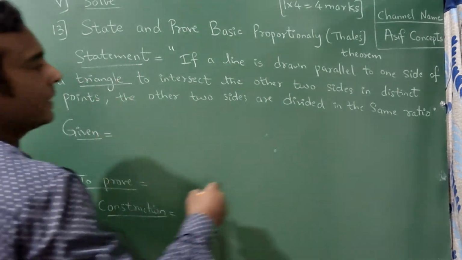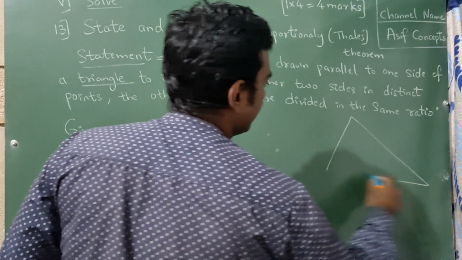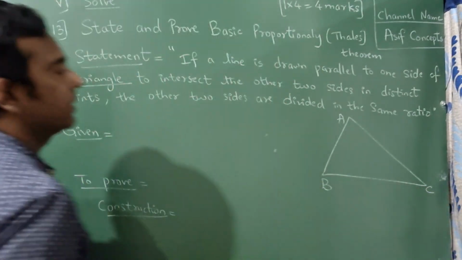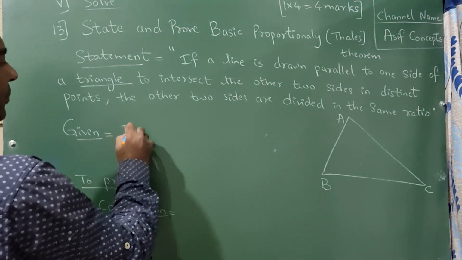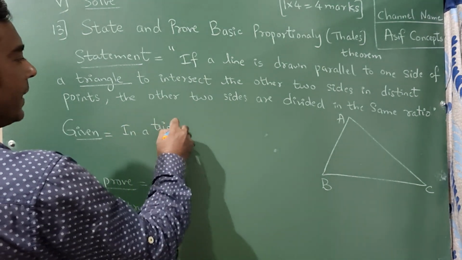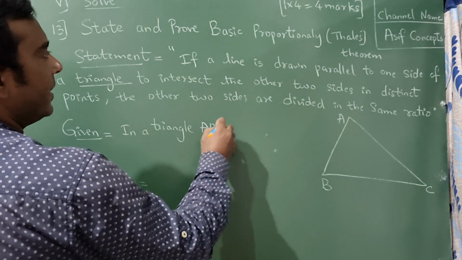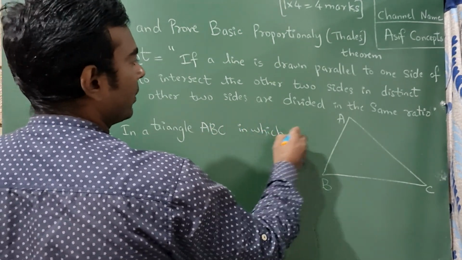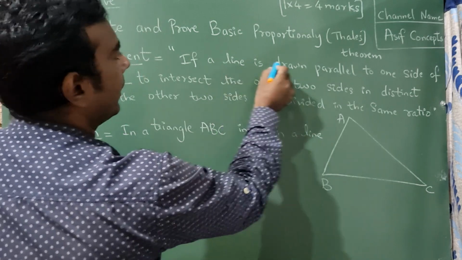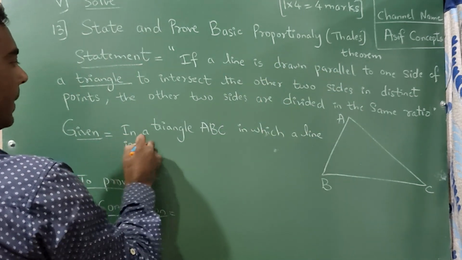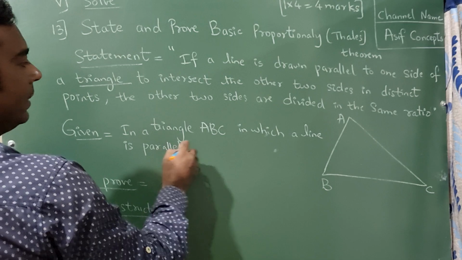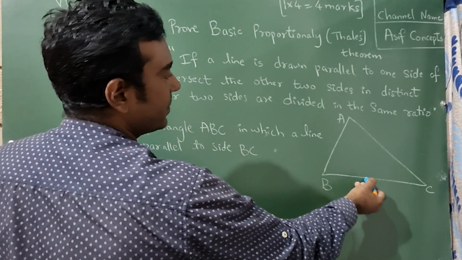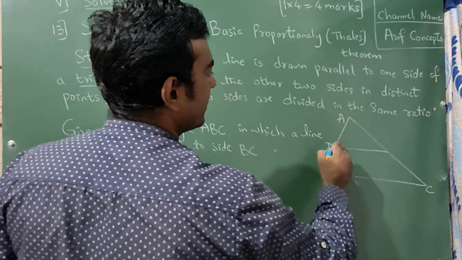Now, what is your triangle? So, let me draw a triangle and I'll name it A, B, C. Here also I'm going to write, in a triangle ABC, in which a line is parallel to side BC. So this is BC. I need to draw a line which is parallel.